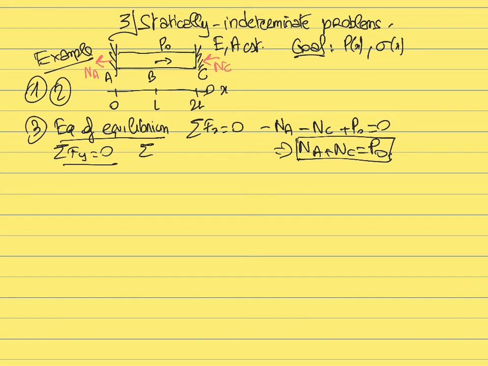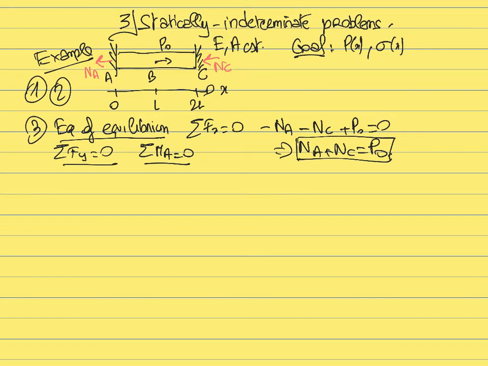We can take any point, for example the point A. We write that the sum of the moments about A equals 0, but we would not learn anything, because all the forces NA, NC, and P naught have a line of action going through the point A. So they would have a 0 moment, and this equation would only tell us that 0 equals 0.